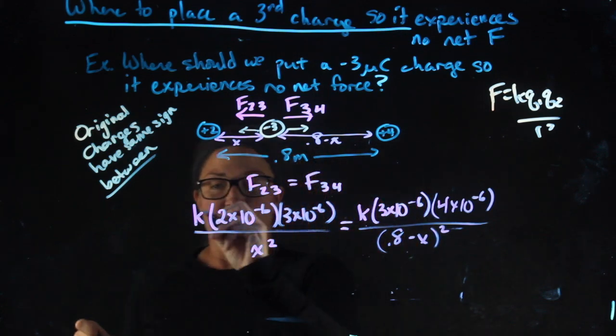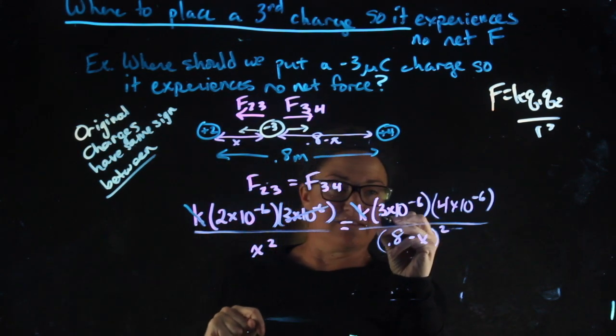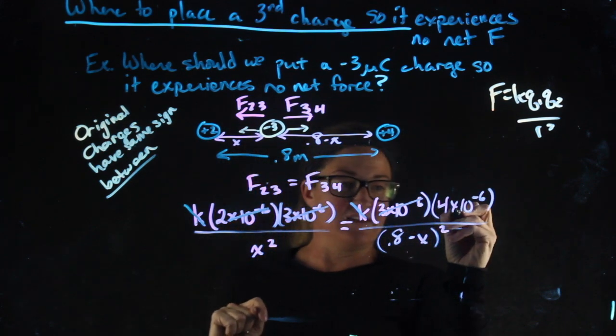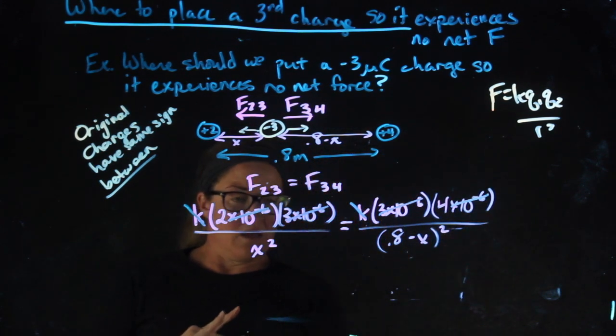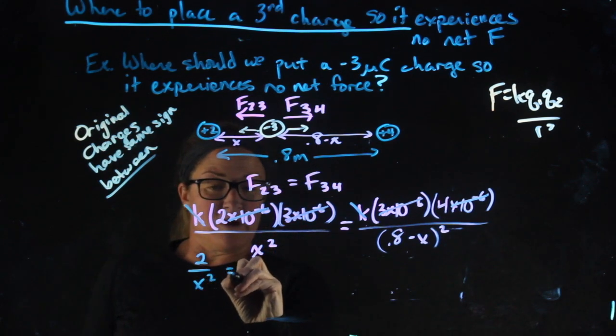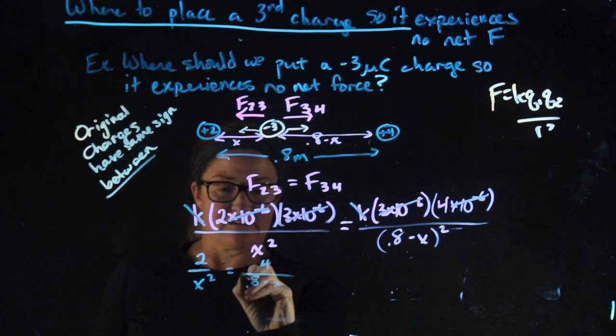So first of all, the k's cancel. 3 times 10 to the -6 cancels. Of these, the times 10 to the -6 part can cancel. So simplifying, I have 2 over x squared equals 4 over 0.8 minus x quantity squared.